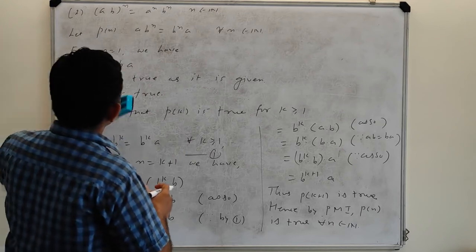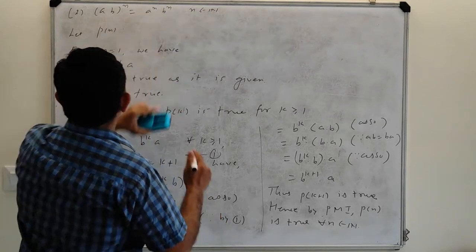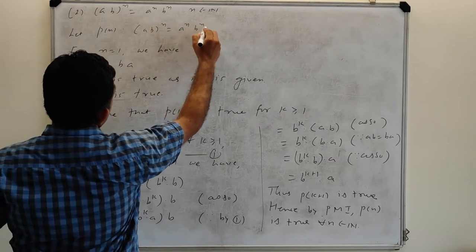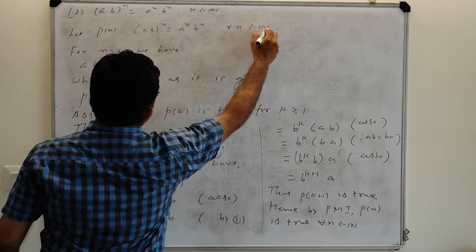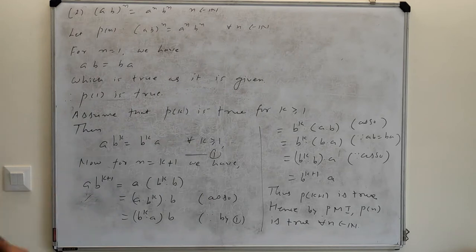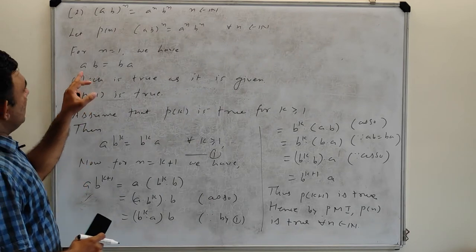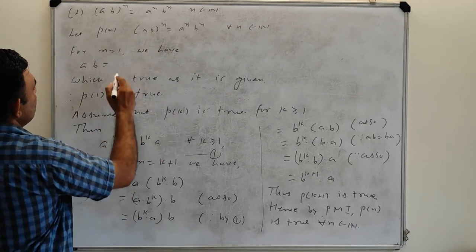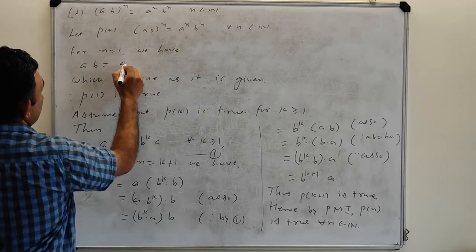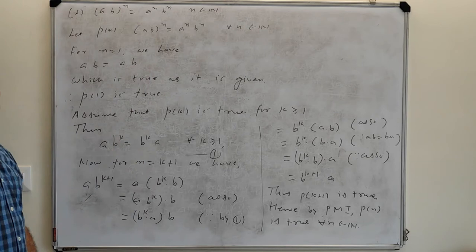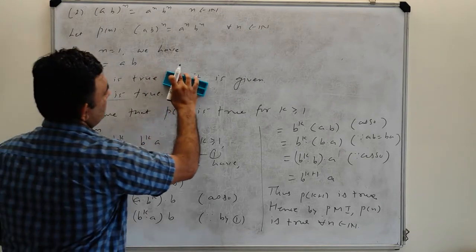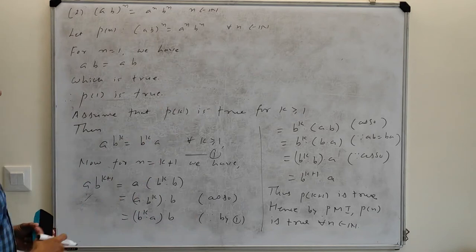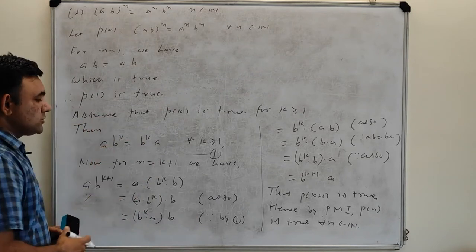Pn is: AB raised to n is equal to A raised to n, B raised to n for all n belongs to N. This is my statement. Now for n is equal to 1, what I have? AB raised to 1 is equal to A raised to 1, B raised to 1. So which is true? Yes, that's fine. It is AB equal to AB. I can always write AB equal to AB. So therefore P1 is true.